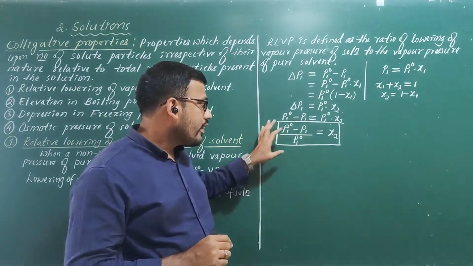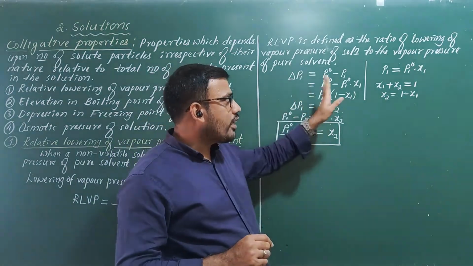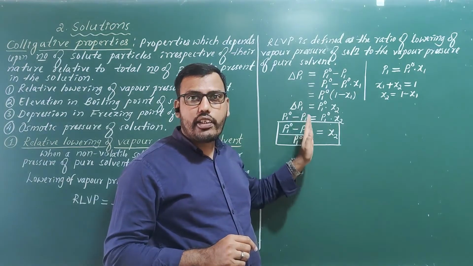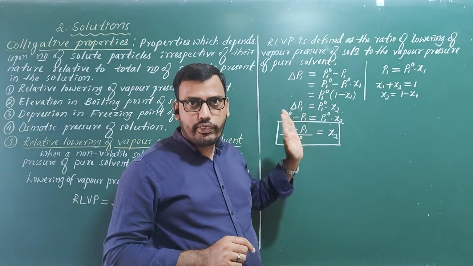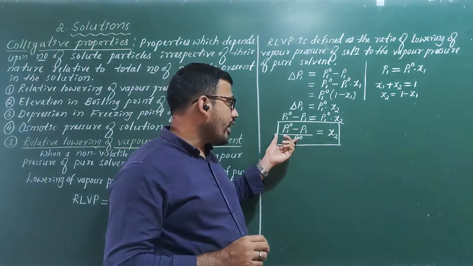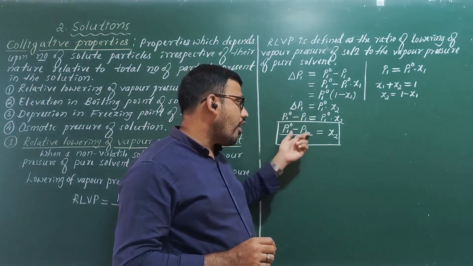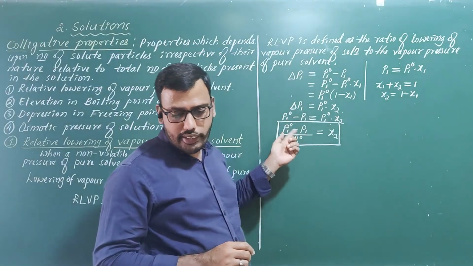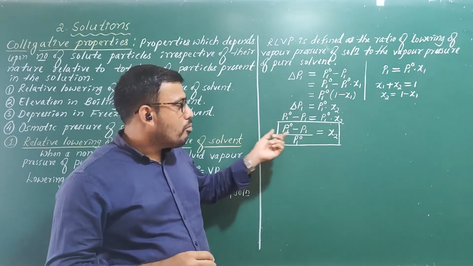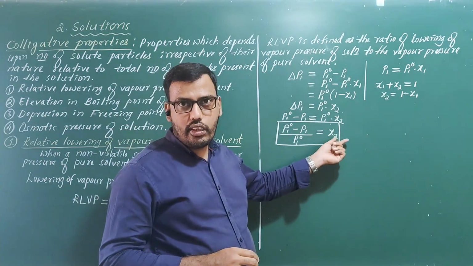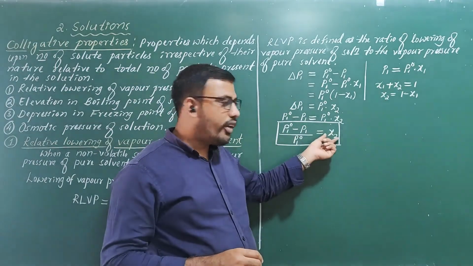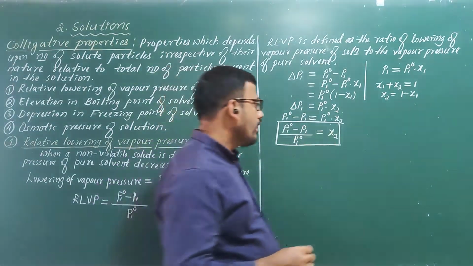So therefore, I have derived this by using Raoult's law. Sometimes it is also known as Raoult's law of relative lowering of vapor pressure. According to this, relative lowering of vapor pressure is equal to mole fraction of solute, that is x2.